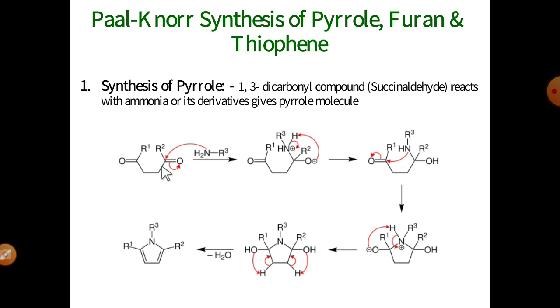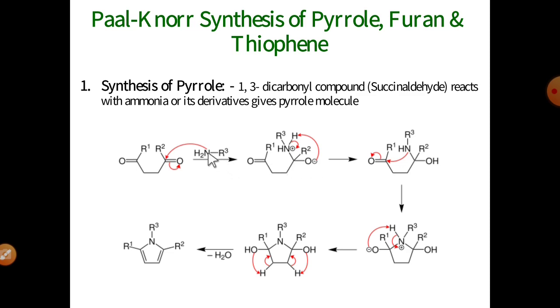See, in the case of this 1,4-dicarbonyl compound, look at the carbonyl functional group, C double bond O. There is a polarization. The carbonyl carbon gains partial positive charge and oxygen gains partial negative charge. In the case of the amine, an ammonia derivative meaning a primary amine, the electron pair of nitrogen attacks the carbonyl carbon, then delocalization of pi electrons towards the oxygen, which gains negative charge, O minus.